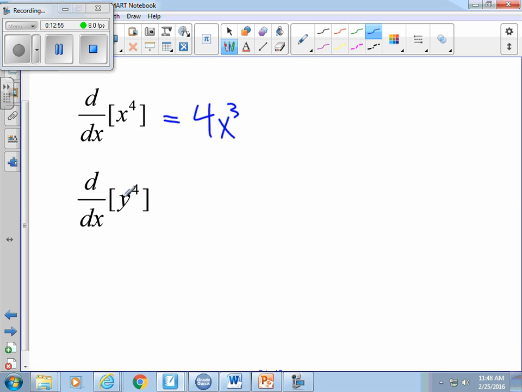However, this asks a very different question, because it says the derivative with respect to x of y to the fourth. Do I know what y is? Y could be anything, right? Could be 3x minus 7. Could be cosine of x. I don't know what it is.